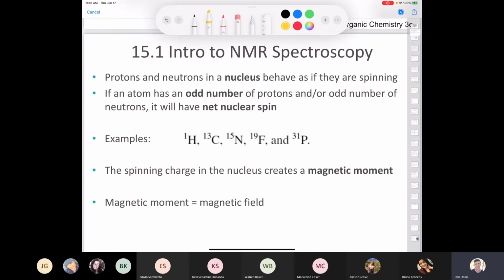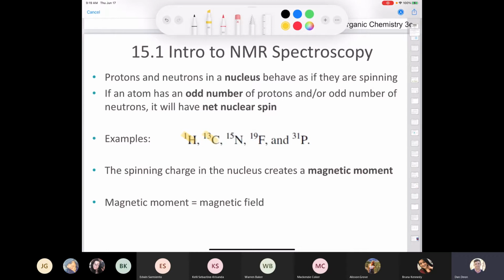And what are some examples of nuclei that possess net nuclear spin? Things like hydrogen 1, which is just a regular proton, carbon 13, which is an isotope of carbon, remember. I'll just refresh your memory from general chemistry and organic chemistry that most carbons are carbon 12. That's the most abundant isotope of carbon.